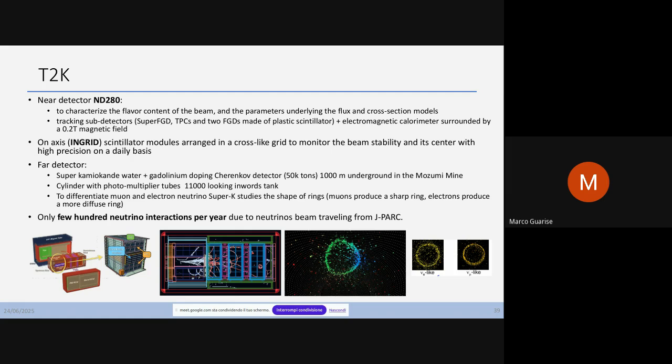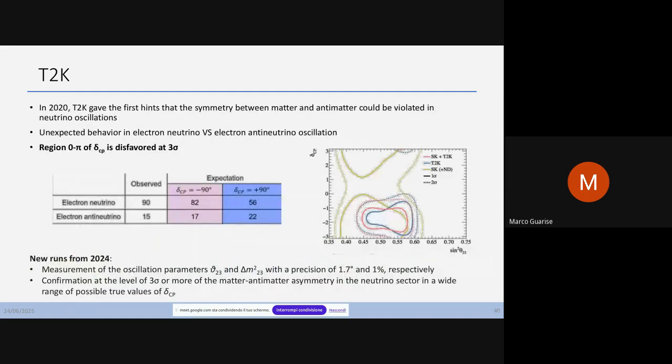And these are the two shapes of Cherenkov rings that they see for electron neutrinos and muon neutrinos. So they are able to distinguish between the two by looking at the shape of the Cherenkov cone. The important thing about T2K is that in 2020 they gave the first hint of CP violation phase in the neutrino sector.